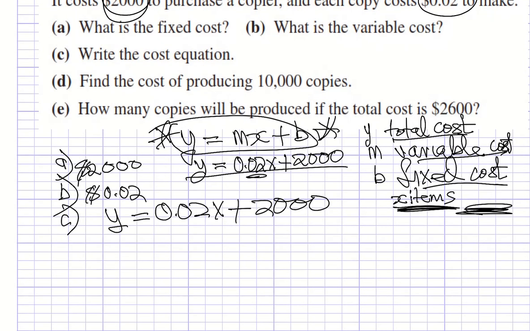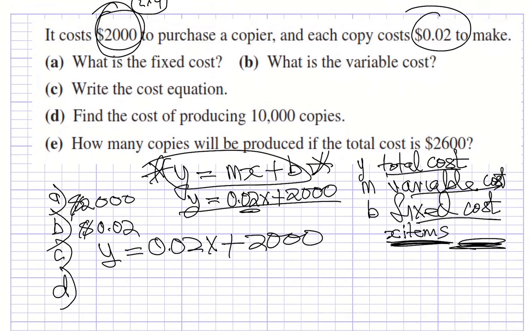And then what is the next thing? What is D? D says find the cost of producing 100 copies. Now, you gotta separate the items and the cost. y is the cost, right? x is the item. So what they're saying is, suppose you have x equals 10,000.